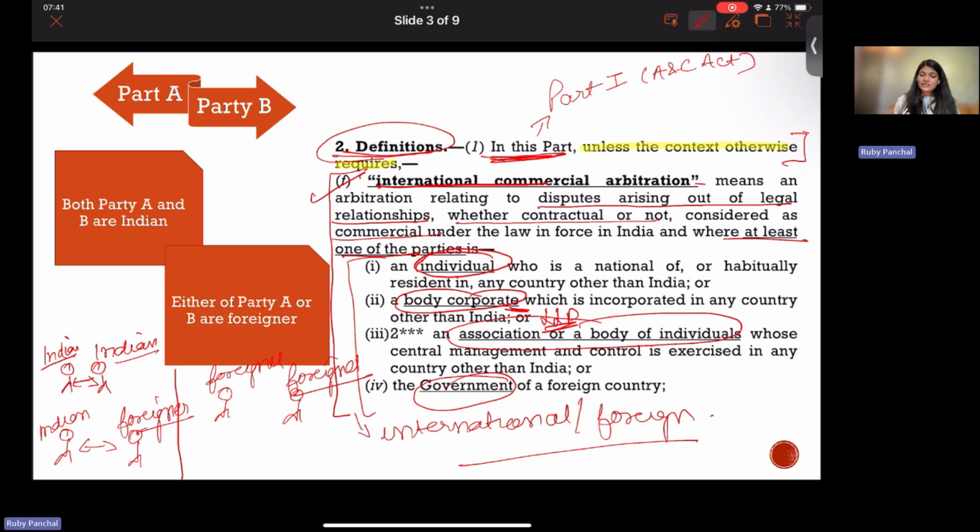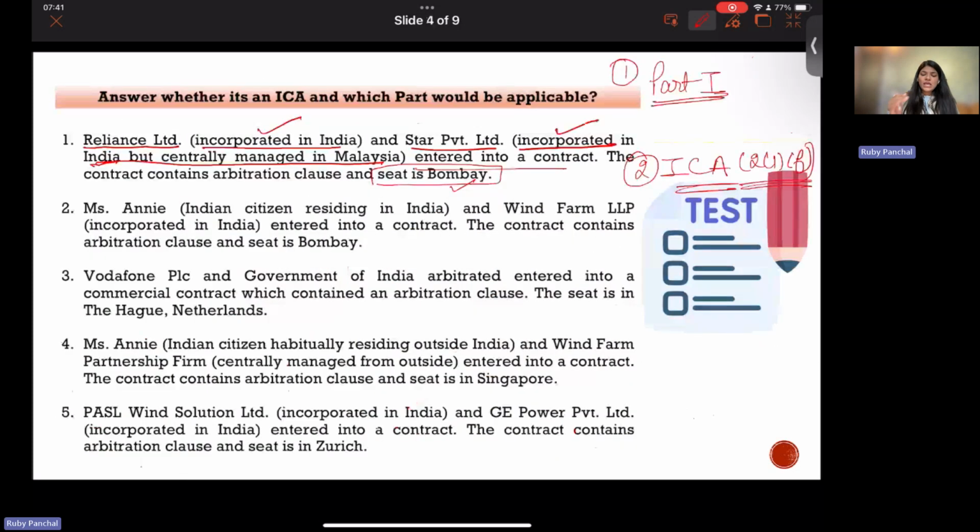So it says that in case of a body corporate or in cases of a company which is incorporated in any country other than India. So in order for our first case to qualify for an ICA, at least one of these parties, either Reliance or Star Private Limited, both of them being body corporates, should have been incorporated outside India, right? Which is not the case here.